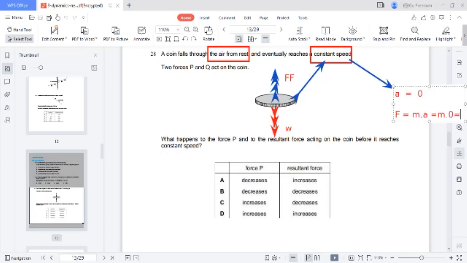It means the resultant force is also 0. So now let's move to the question and see what the original question is. What happened to the force P and the resultant force acting on the coin before it reaches constant speed?